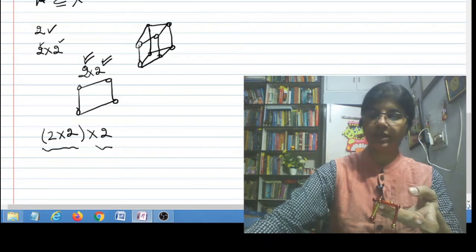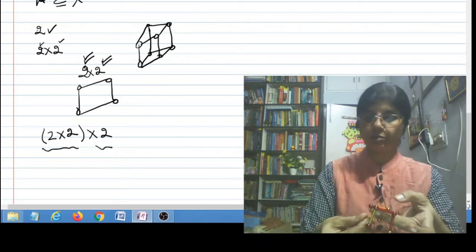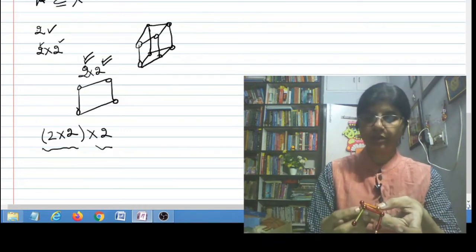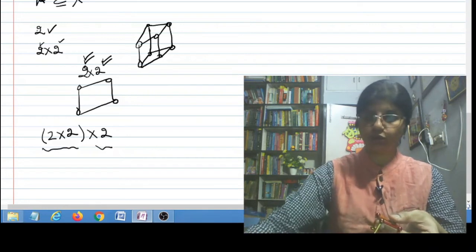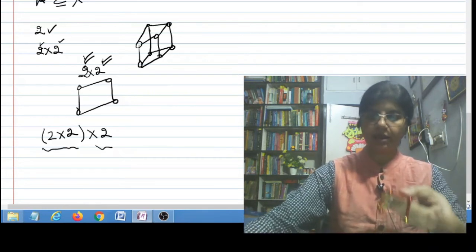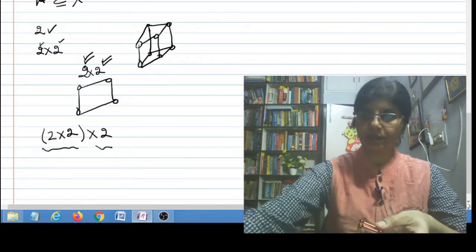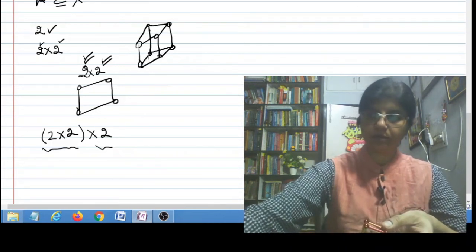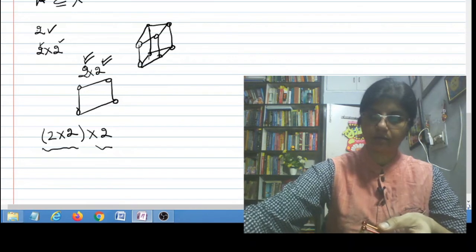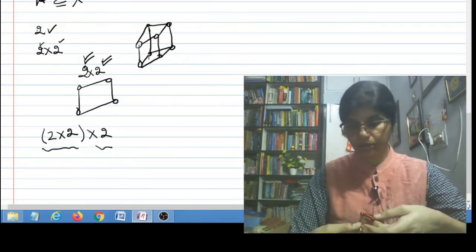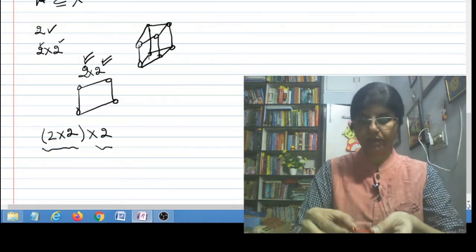The moment you join the corresponding vertices, you arrive at a cube. And let's see how we get a cube. See, it's coming in shape, something like this.